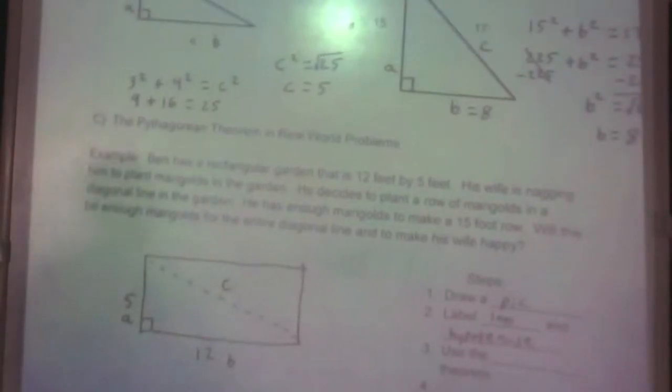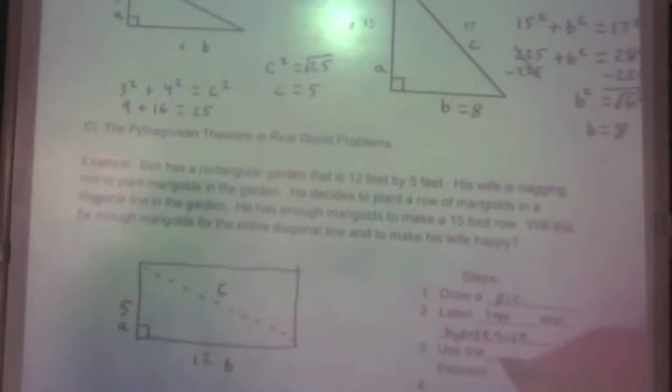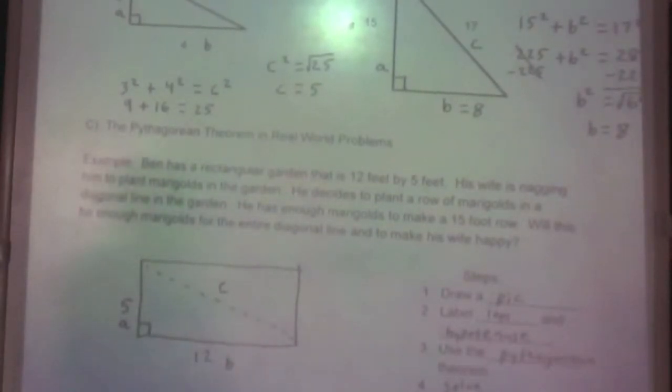Then step number 3, we're going to use the Pythagorean Theorem, the thing we just did up above. We're going to set it up. And then step number 4, we're going to solve, just like the steps up above. Same exact steps, just a word problem this time.